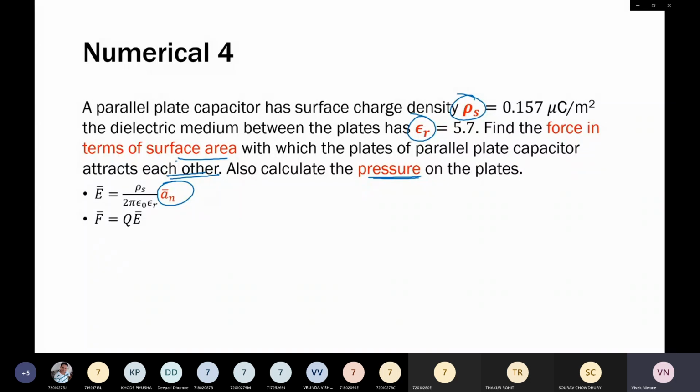Another thing we are asked to find: force can be expressed as the amount of charge and the electric field in which that charge is moving.